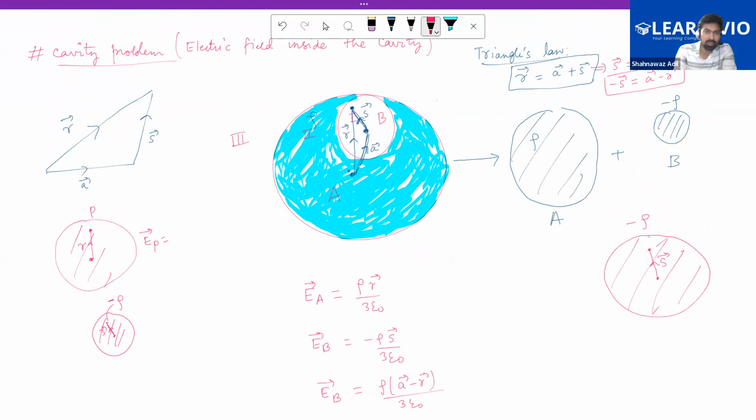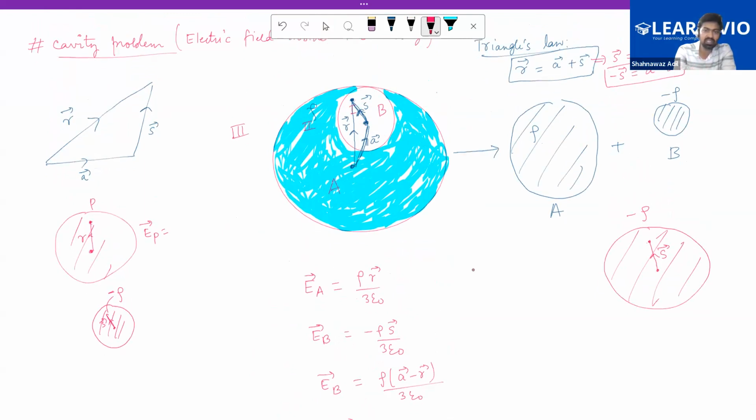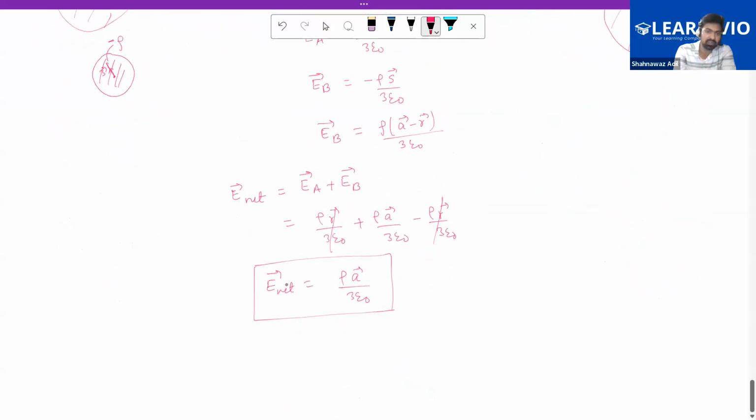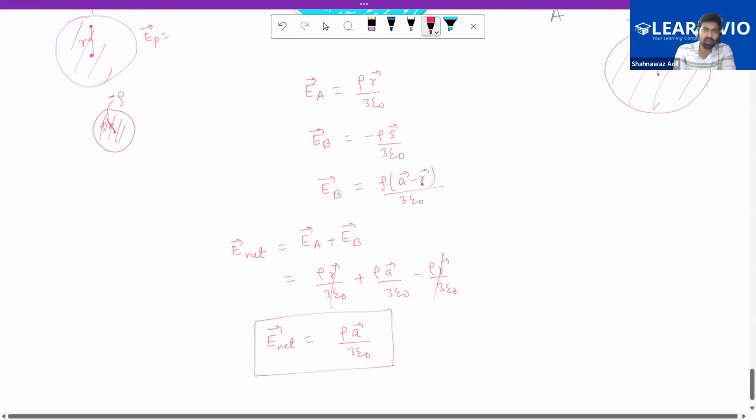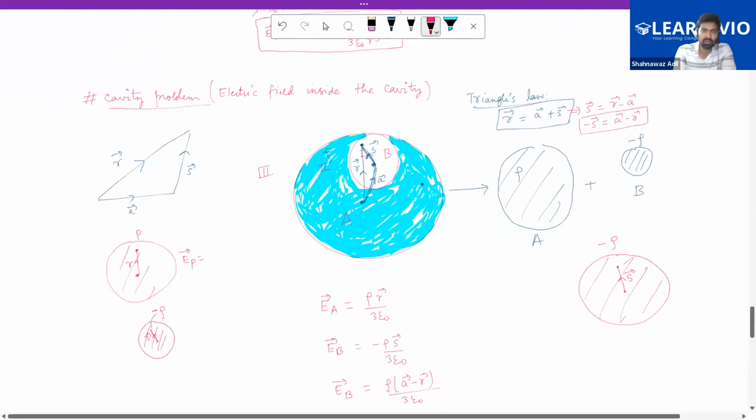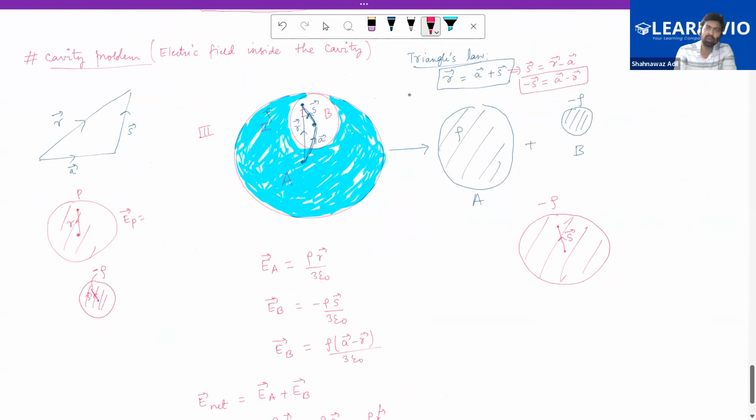So if we know the separation between the centers of the different spheres, we can directly calculate the net electric field. That would be simply rho A by 3 epsilon. Please note it down, and then we will do one question. It is a complicated question which will not use this idea, but this is important: the electric field inside the cavity.